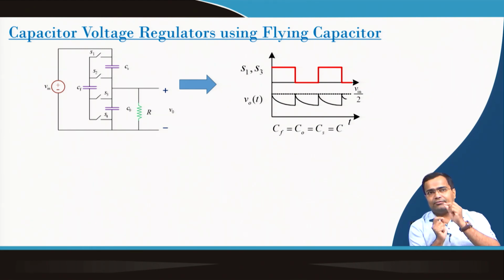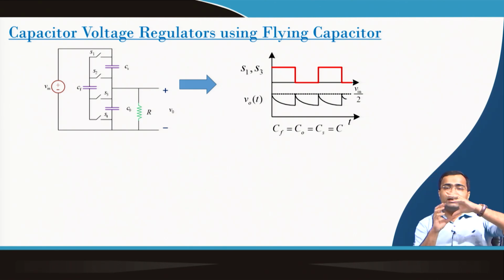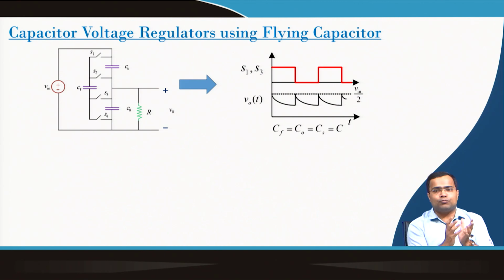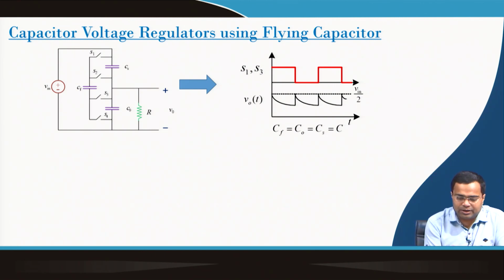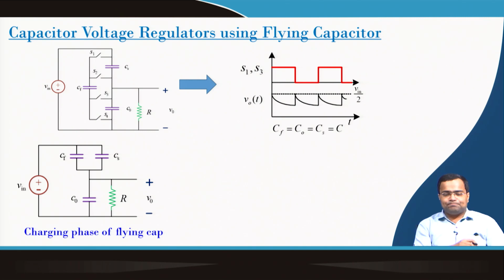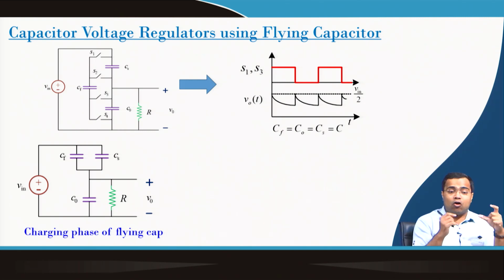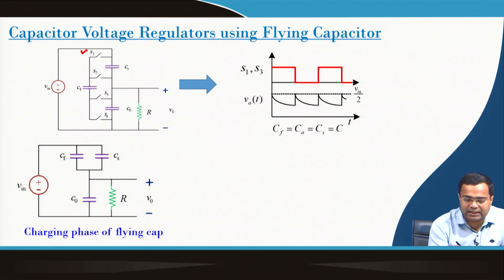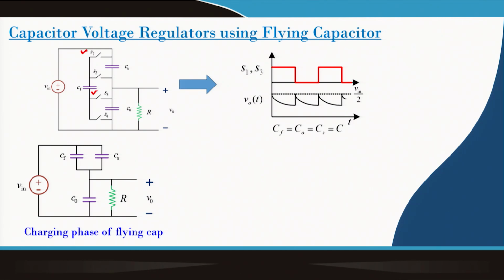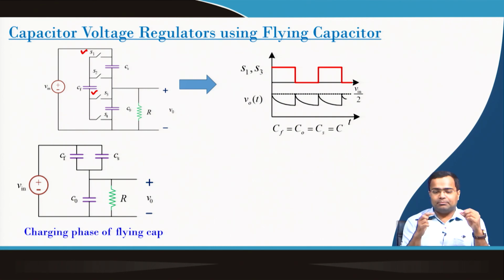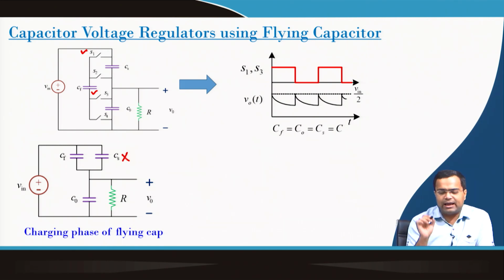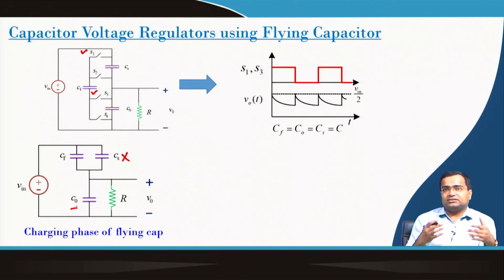Now we understood that a flying capacitor can achieve voltage balance, but this is only when you connect the flying capacitor in series with the input voltage and the output voltage. If you take this configuration, when S1 and S3 are on, the flying capacitor is connected across the source capacitance, and if the source capacitance is not there, the flying capacitor is connected between the supply and the output capacitor C0, and it is now getting charged.